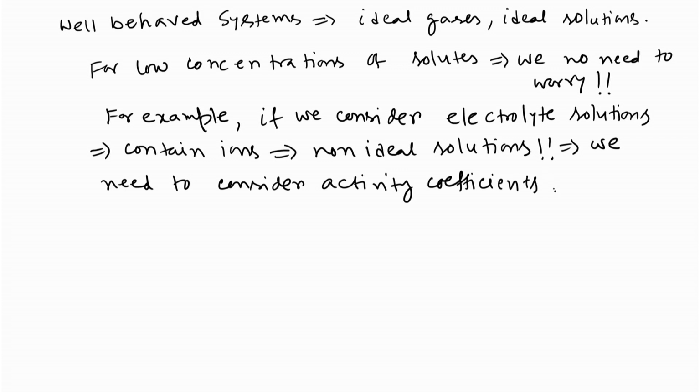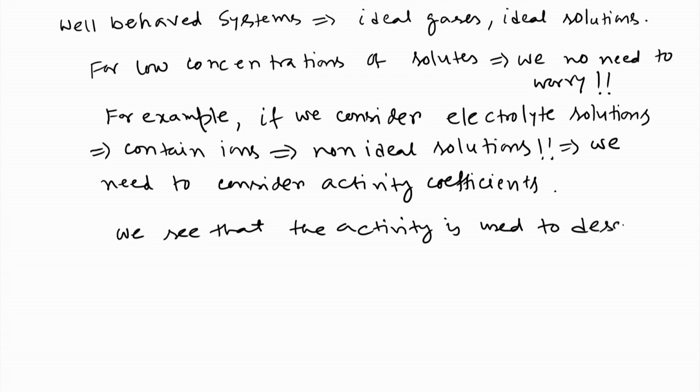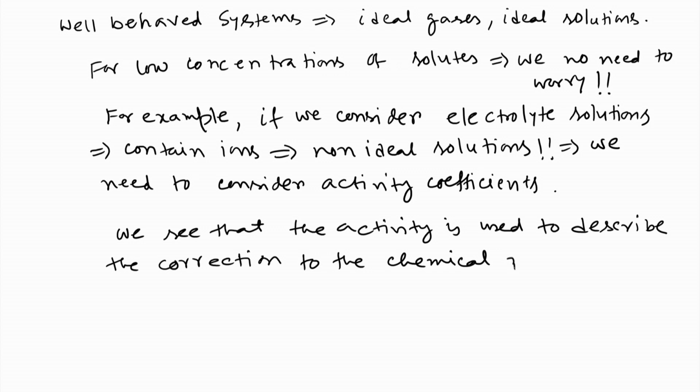Now we will see that the activity is used to describe the correction to the chemical potential when a compound is not pure.